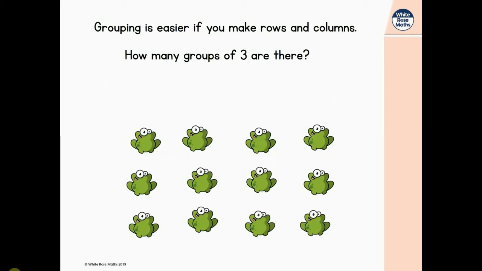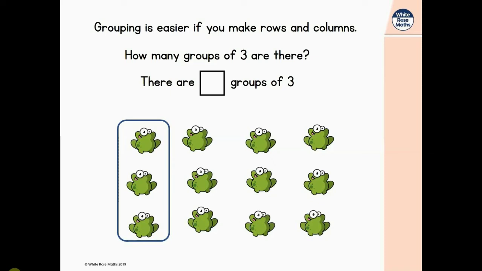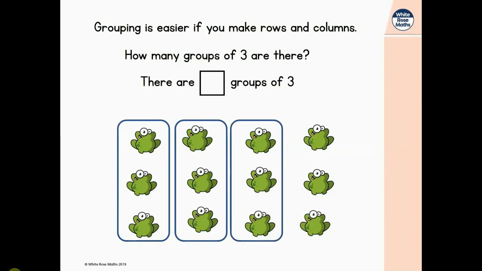Can you see groups of 3 frogs? Let's find out how many there are. Here's 1 group of 3, 2 groups, 3 groups, 4 groups. There are 4 groups of 3. Did you see how much easier that was when the frogs are in rows and columns? Yeah, me too.